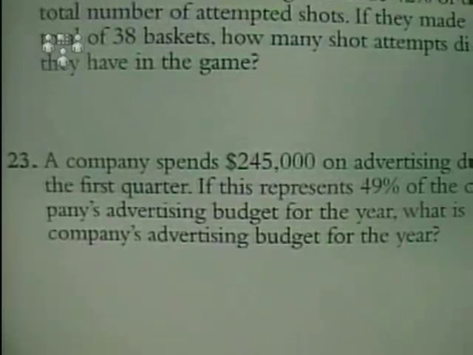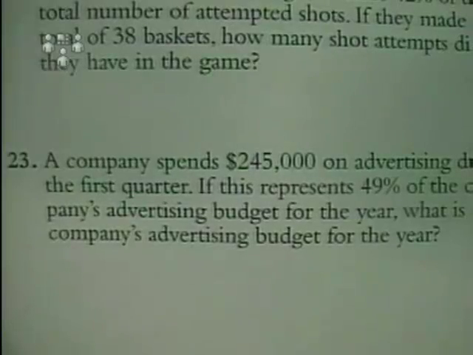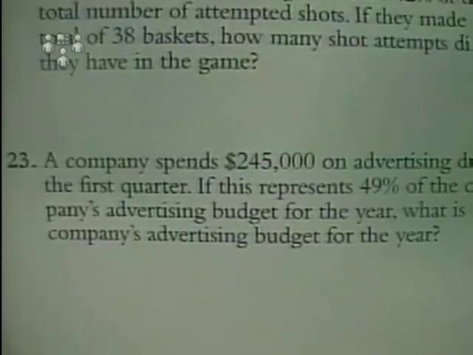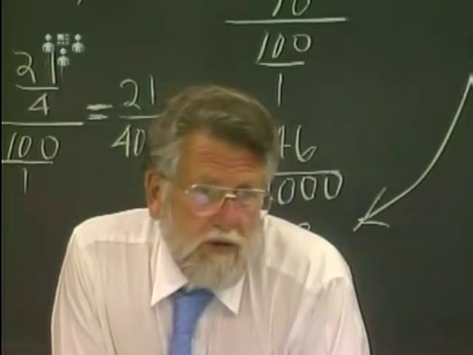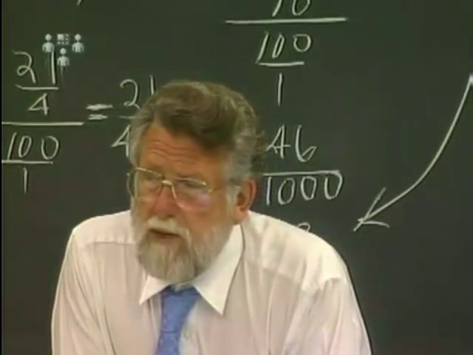P, W, or R? 23. Okay, I hear the whole. I heard W. I would agree. Because the $245,000 is a part of the total budget. And that represented 49%. That's the kind of problem we did in the percent unit in Math 10. We would do it just as a proportion now to make it a little bit more interesting. Got it?